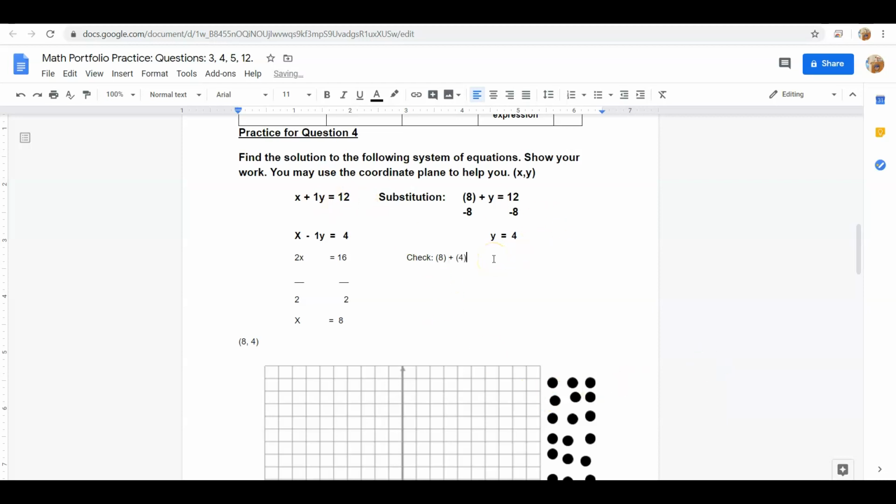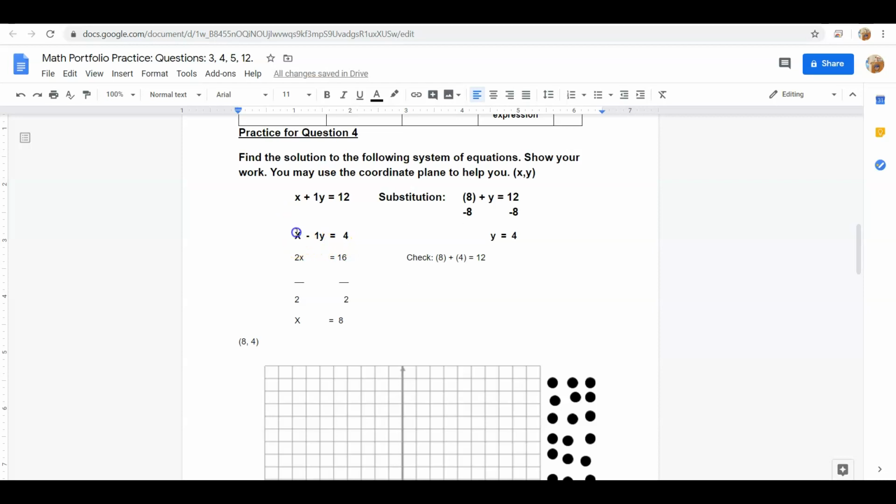And I write 4 because my y is 4. So I could replace x with 8, and I replace y with 4, and 8 plus 4 is equal to 12. That is correct.